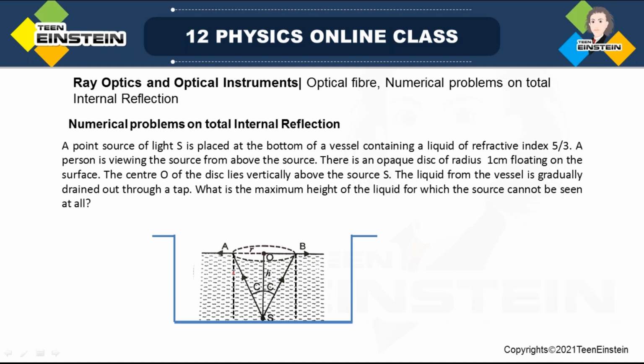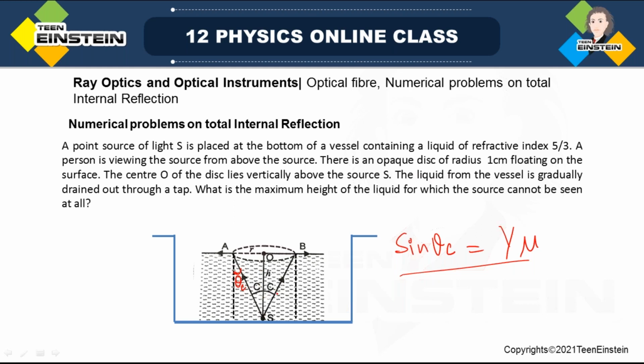Look, this is theta c, and in this particular situation the light is grazing. So I can write the formula: sin theta c is equal to 1 by mu, which we have already shown. And in this case you have to use the geometry, as it is geometrical optics.